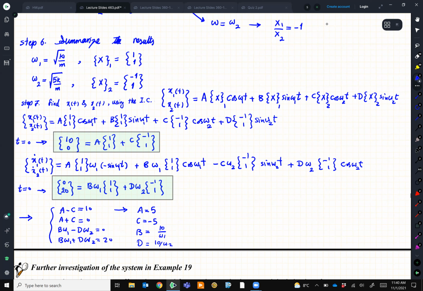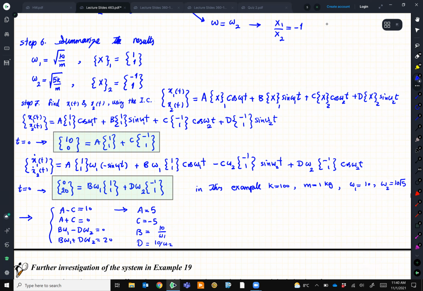All right. So we found A, B, C, D, and so it means we solved the equations of motion. We found x1 and x2, right? And let's say in this example K was 100 and M was 1 kilogram, my omega 1 will be 10 and my omega 2 will be 10 square root of 5.